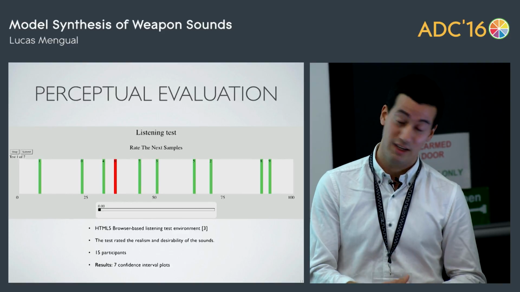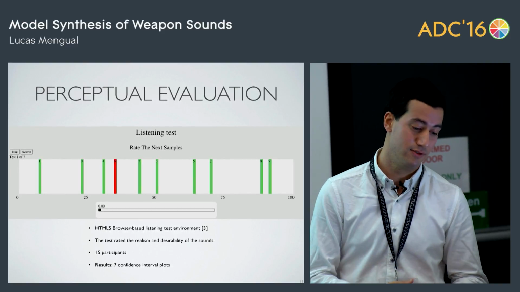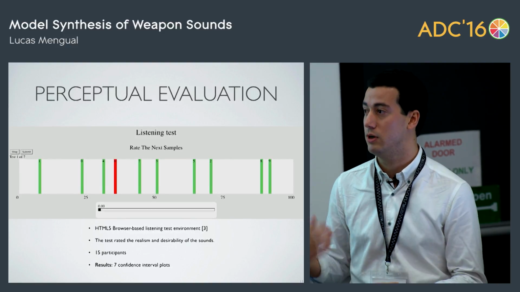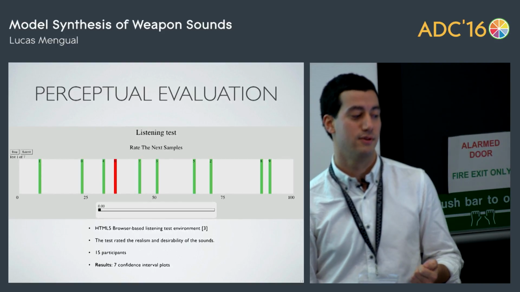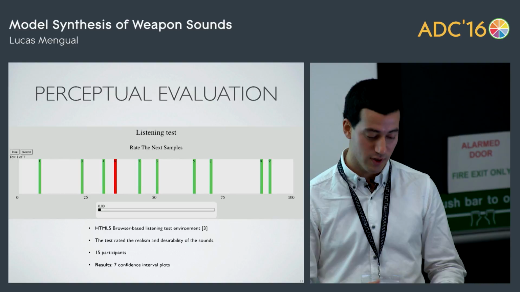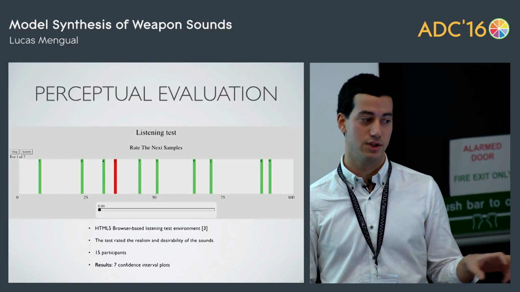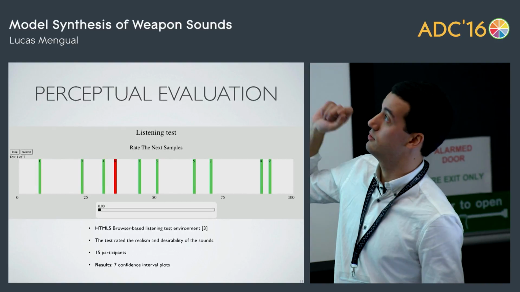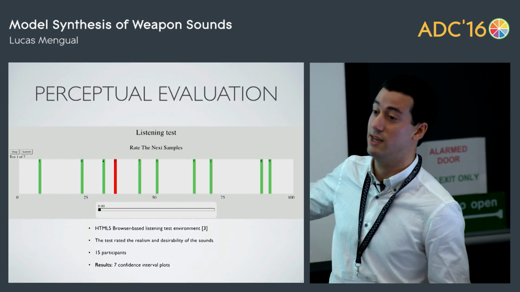The last thing I did was a perceptual evaluation of these sounds. We had some participants come into the studio, and we had people rate each of the sounds. Each of these green spots is a player, and each is hooked to one of the samples.